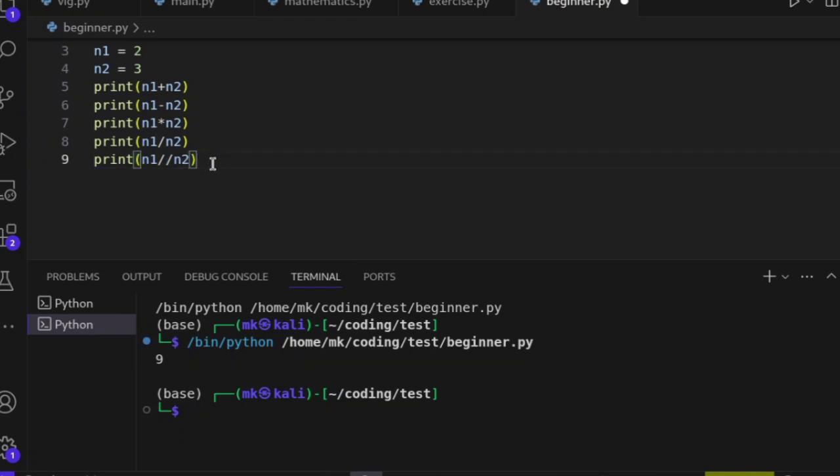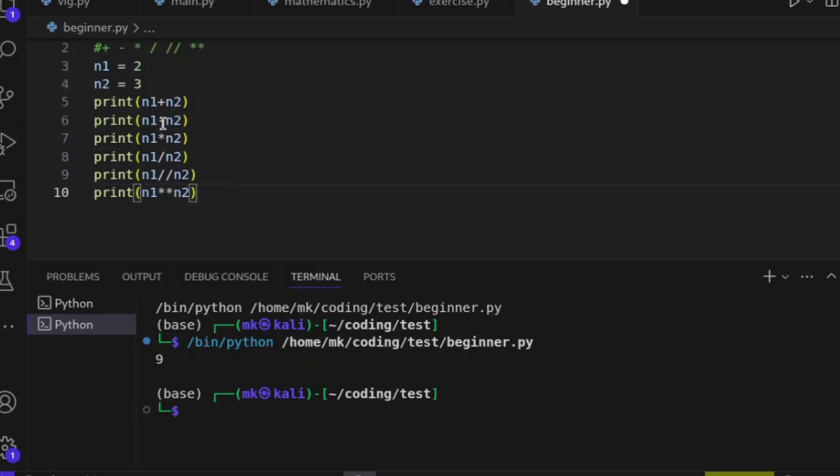I'm going to explain what each one of the operators does. Number one, you already know: addition, subtraction, saying 3 minus 2, where n2 is still 3 and n1 is still 2, then 2 times 3, and 2 divided by 3.